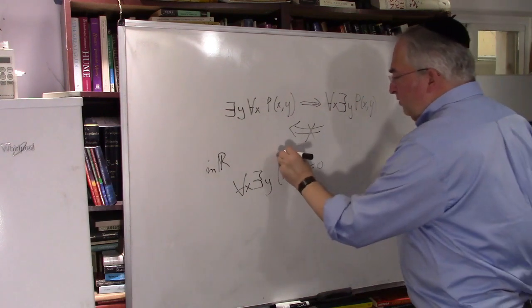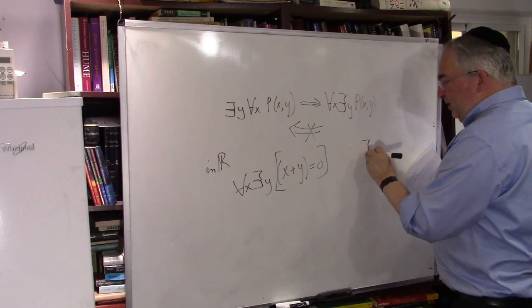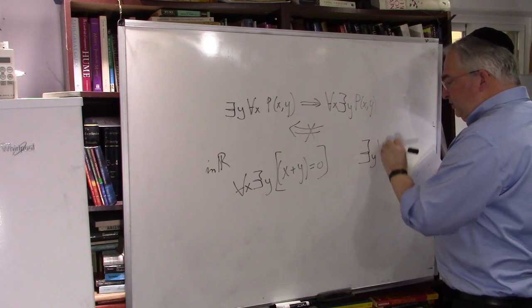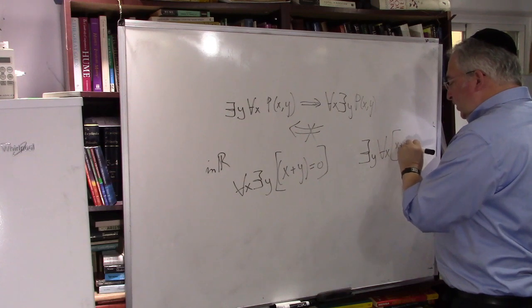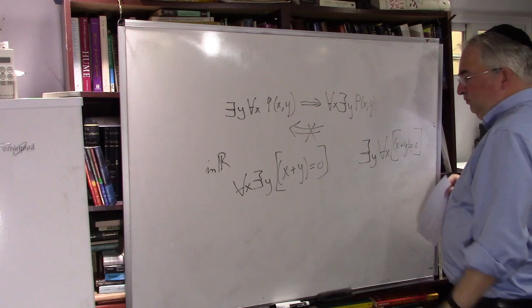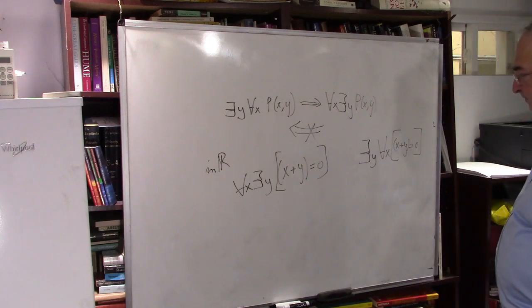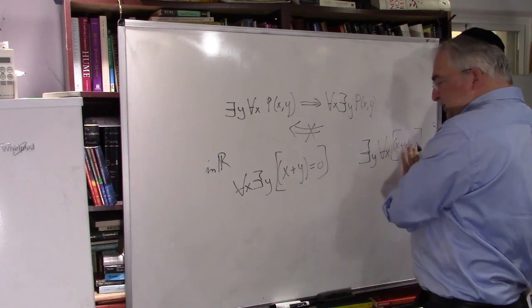That's one statement. Now another statement. There exists a y such that for all x, x + y is equal to 0.